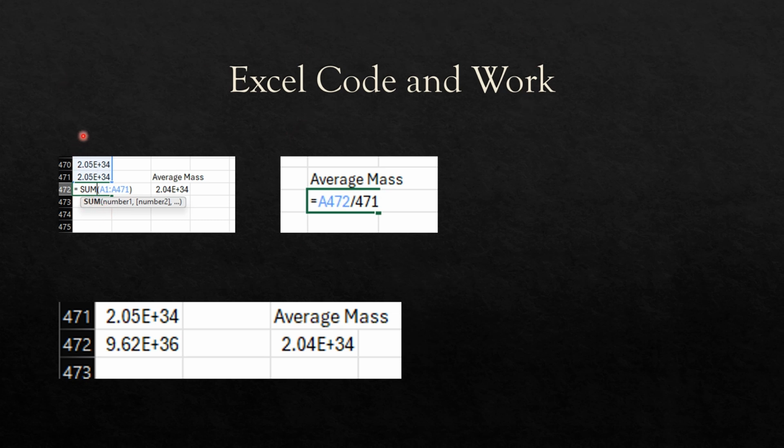We imported all of the different masses from the code and pushed them onto an Excel sheet, and then we used the sum of the column to get the total mass from all of the different code outputs, and then we divided it by the total amount, and found that the average mass is 2.04 times 10 to the 34th power kilograms.